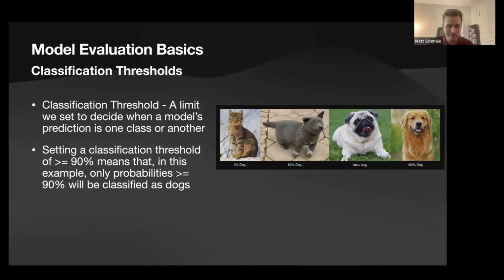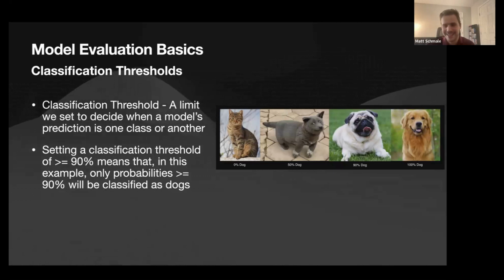Let's say, for instance, you wanted to make a dog classifier, and you needed some way to distinguish between what is a dog and what isn't a dog. Well, basically, you need to be able to draw the line somewhere. In this case, it's pretty obvious, such as you might want to say anything above 90% dog, we're going to call that a dog.